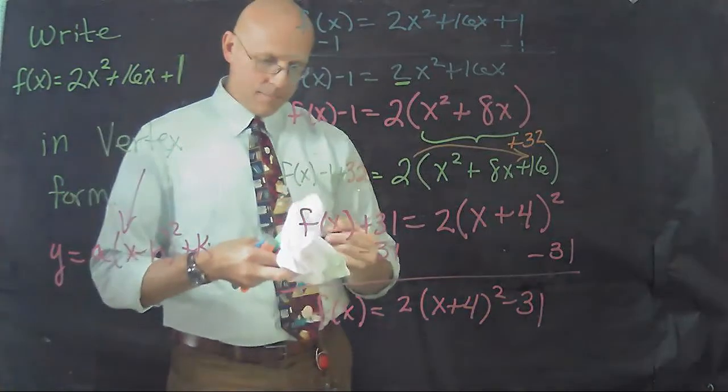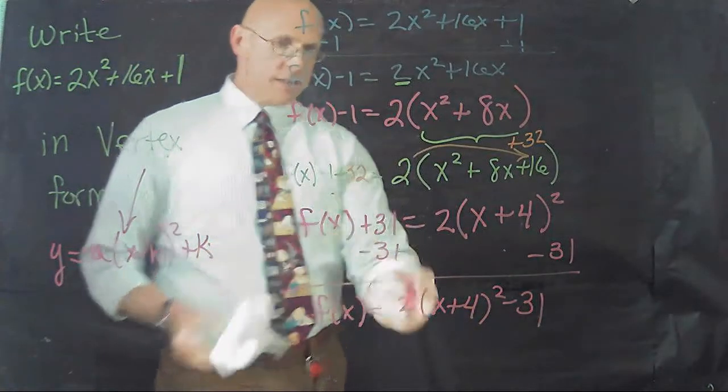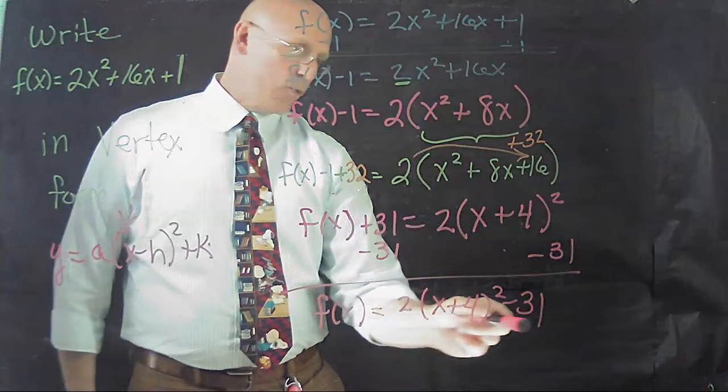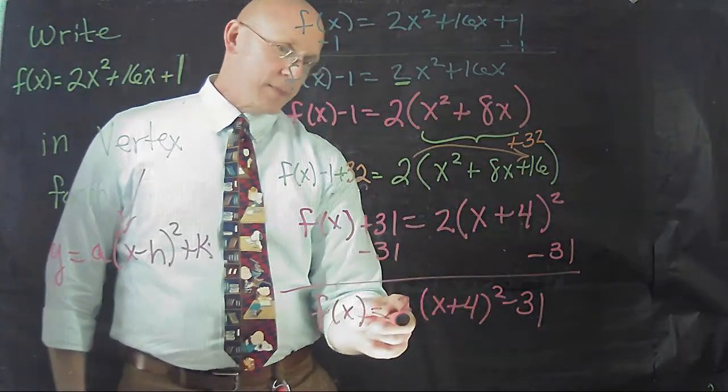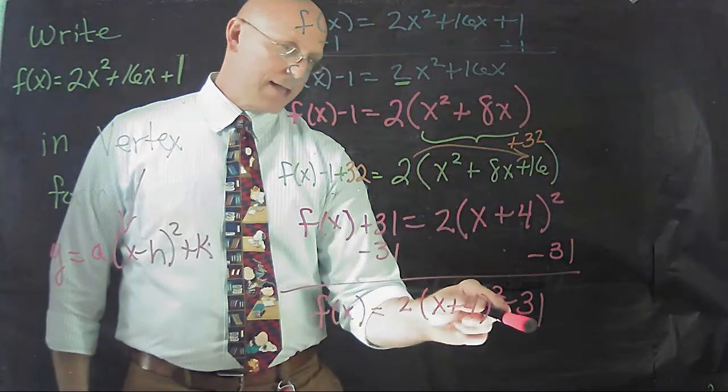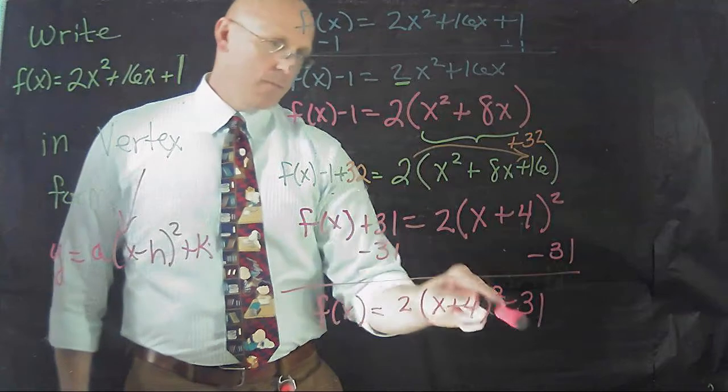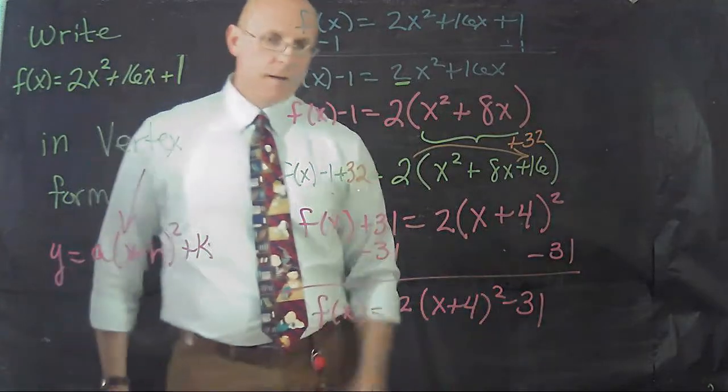Boom. Did it. So now it's in vertex form. Vertex is at -4, -31. That's a positive. Since it's going to open like that, that is a minimum value. So that's the minimum value of this quadratic.